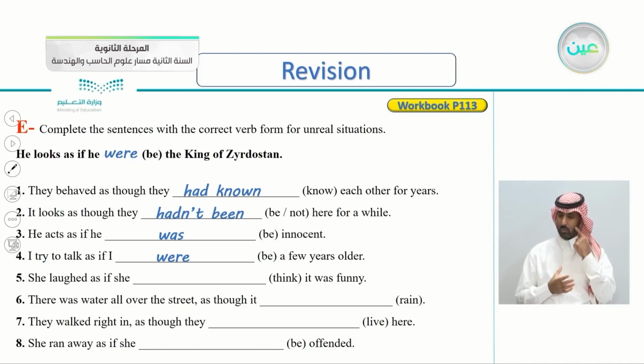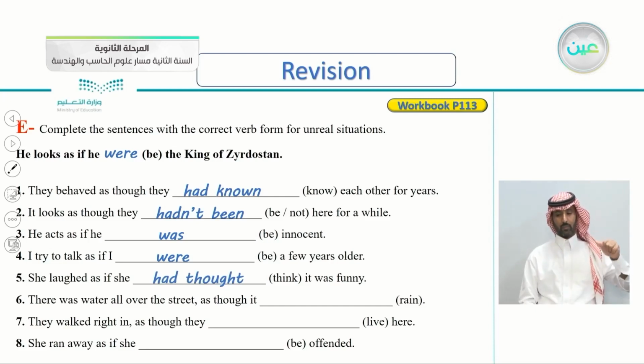So let's see the correct answer here. As if she had thought it was funny. Number 6, there was water all over the street, as though it, and the verb rain. So as though it, yes, had rained.